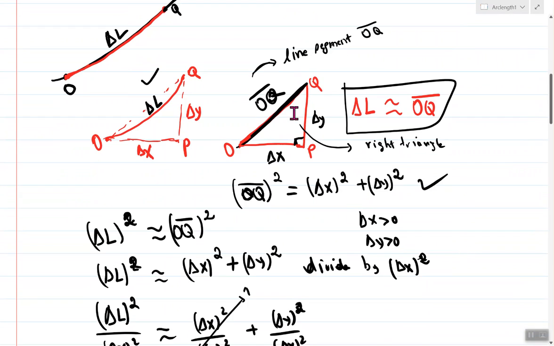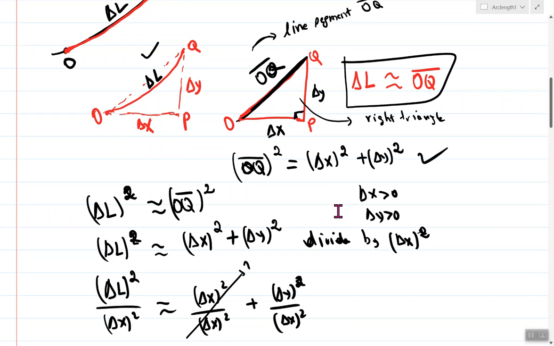This way we're going to do the analysis on the right triangle, because we know about the right triangle. By the Pythagorean theorem, if you square delta X, square delta Y, and add them, you get the hypotenuse squared, which is what you express here. So what does it mean?